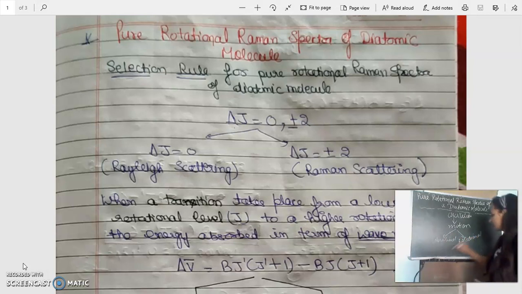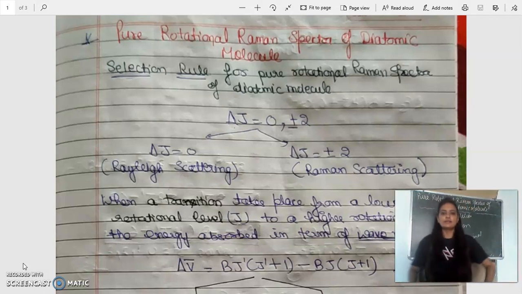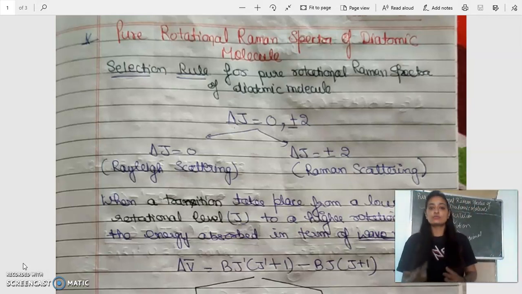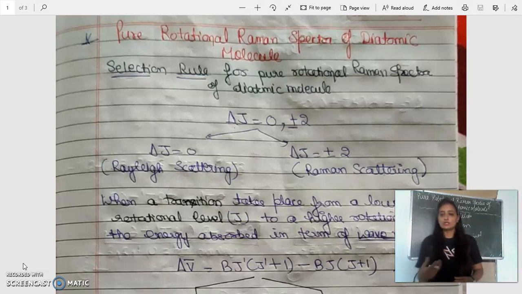So whenever an oscillating electric field falls on the molecule, it leads to vibrational and rotational motion. Today we are going to study what kind of spectra we obtain for pure rotational Raman.